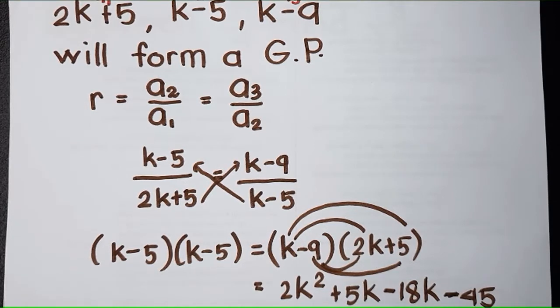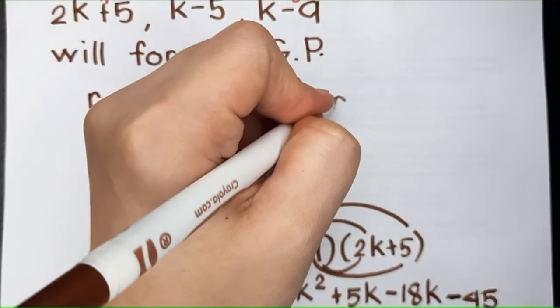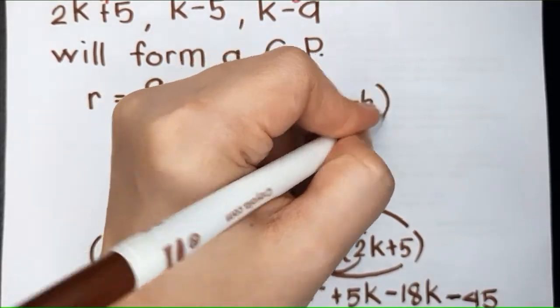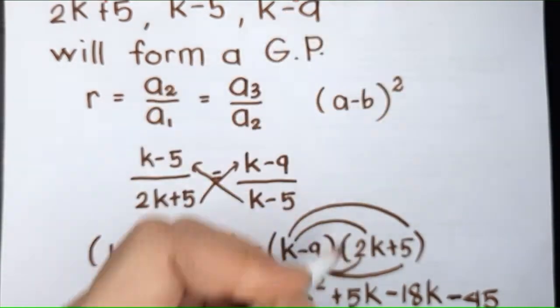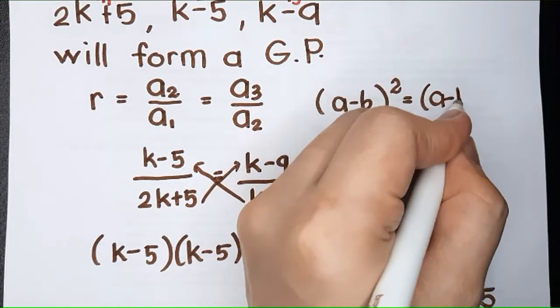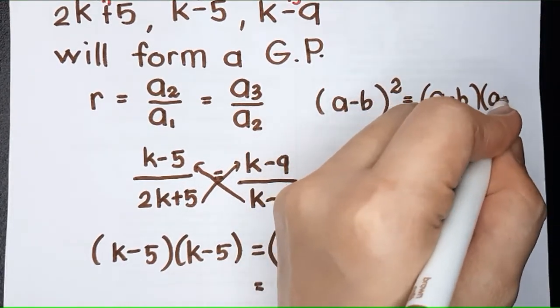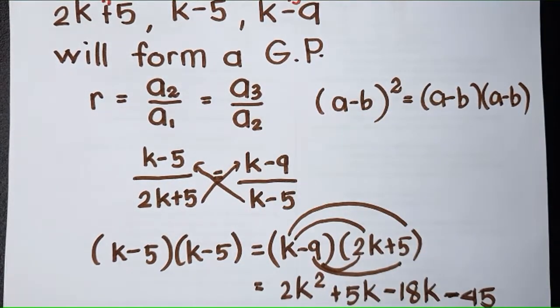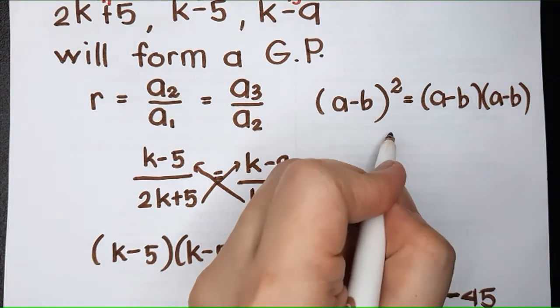What about on the other side? You may use FOIL or you recall the square of a binomial. This is A minus B squared. Isn't that equal to A minus B times A minus B? Right? Okay, and there's a formula.